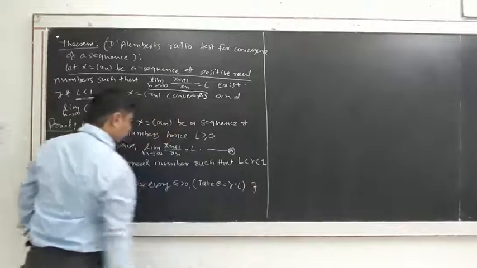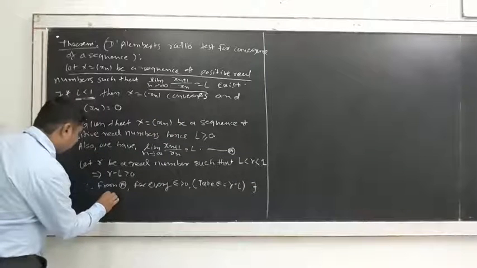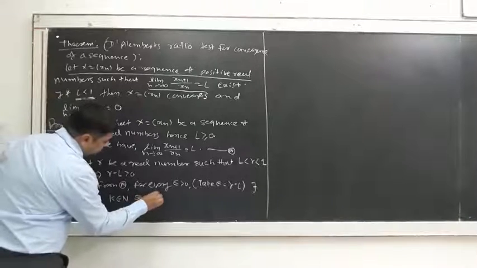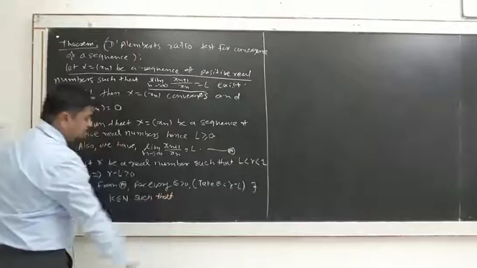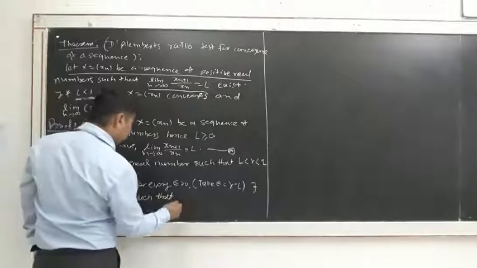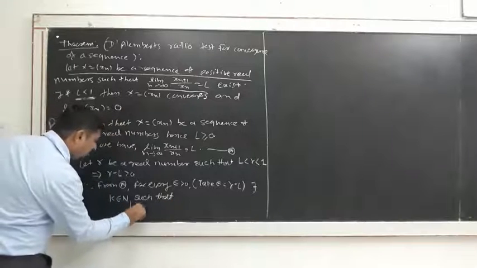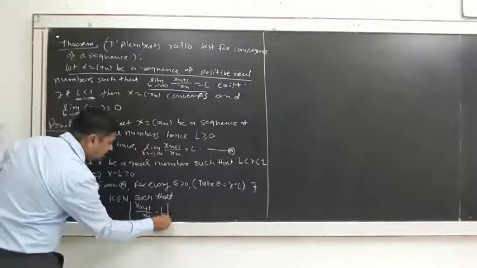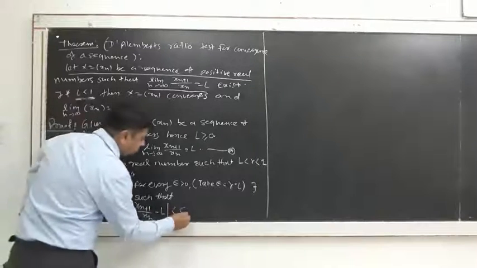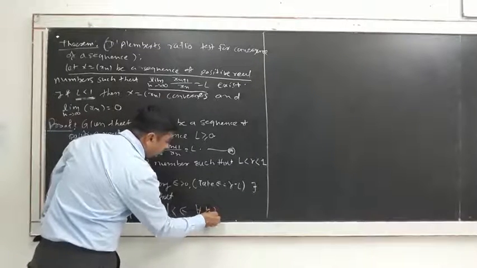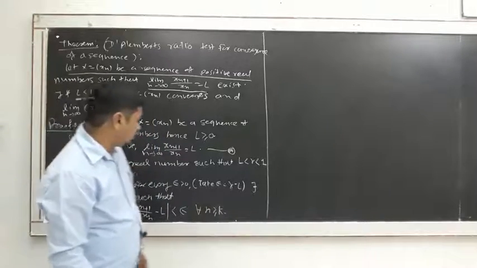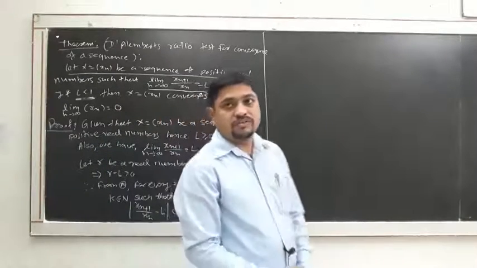There exists a natural number k such that the modulus of xn+1 upon xn minus L is less than epsilon for all n greater than or equal to k. We just write the definition of the limit of the sequence.